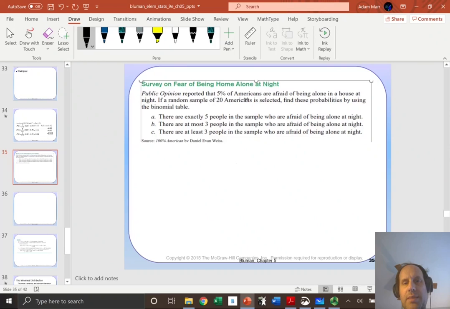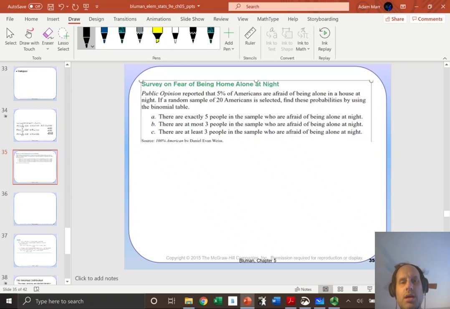It's reported that 5% of Americans are afraid of being alone in a house at night. If a random sample of 20 Americans is selected, find the probabilities by using the binomial table, or actually we're just going to use the TI-84 calculator.